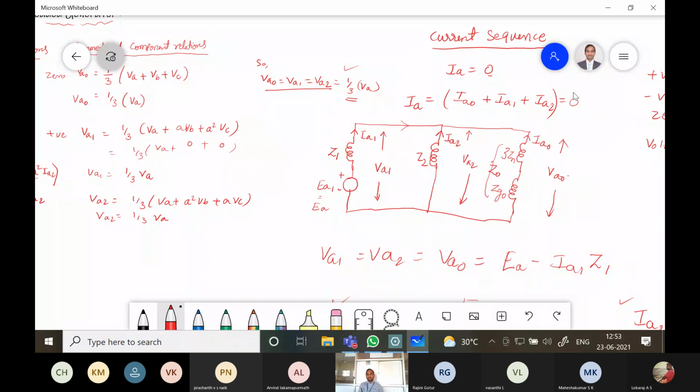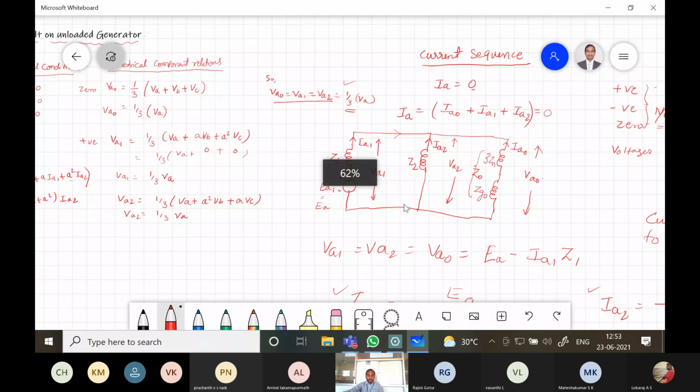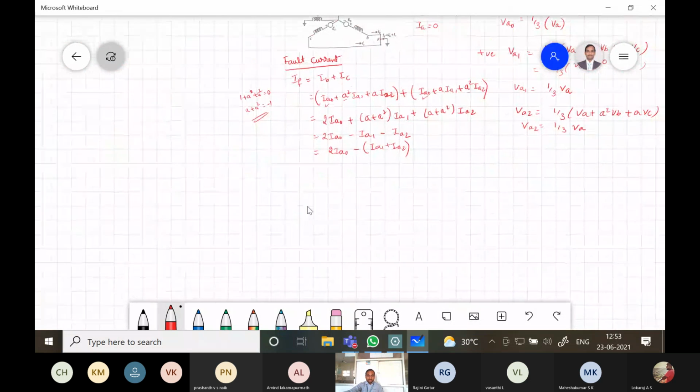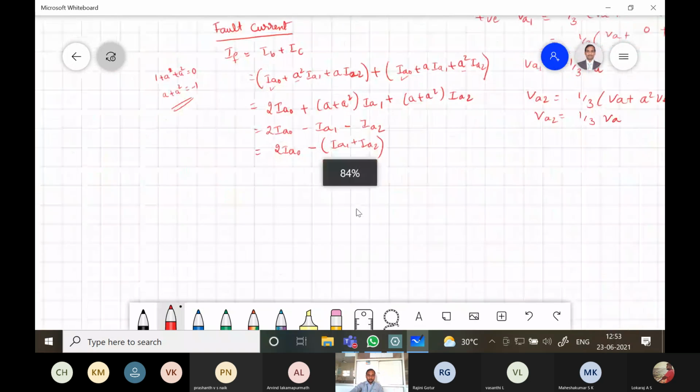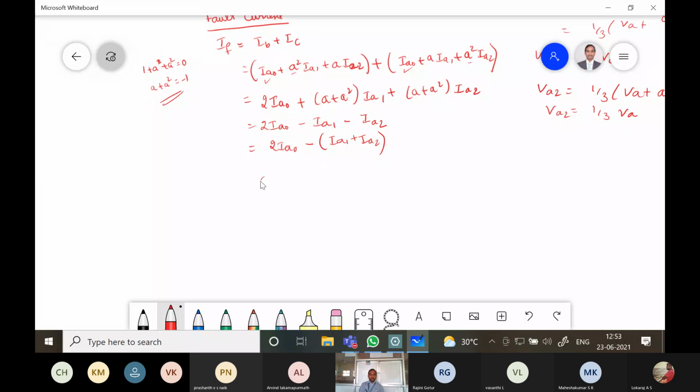Therefore, substituting this expression in the fault current, IF is equal to 2 times IA0 minus IA1 plus IA2, which is equal to minus IA0.